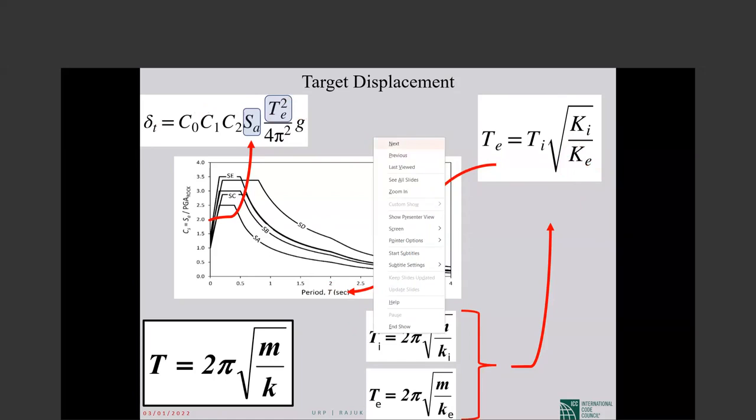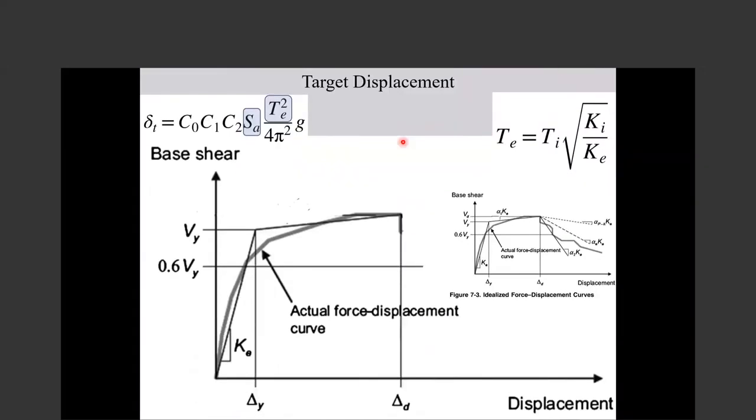If we look at that, if we push a building here, and this is, for example, the target displacement. We don't know where the target displacement is, but we assume that, in my case, it is here.